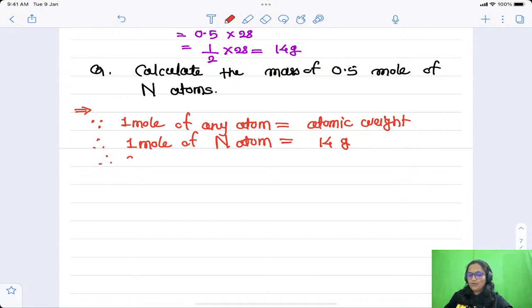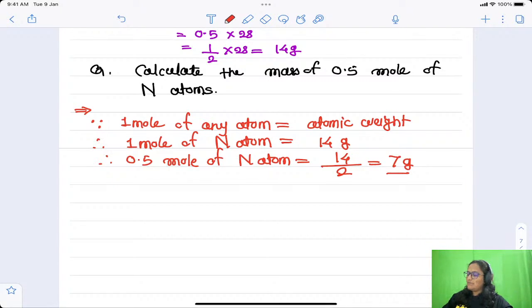Therefore 0.5 mole of nitrogen atom means 14 divided by 2, that is equal to 7 gram. So 7 gram is the answer.